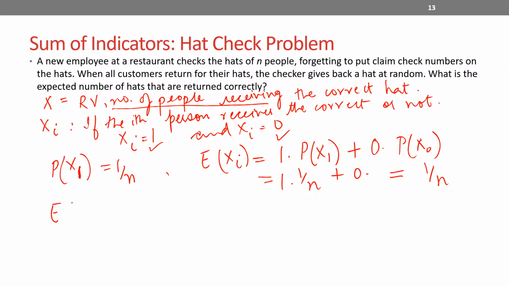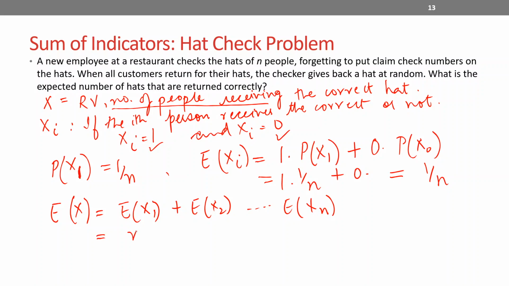Then I'm interested in the expectation of X, which by linearity of expectation is E[X_1] plus E[X_2], and so on up to E[X_n], because there are n people. That is going to be n times 1 over n, which is 1. So the average number of people receiving the correct hat is 1.